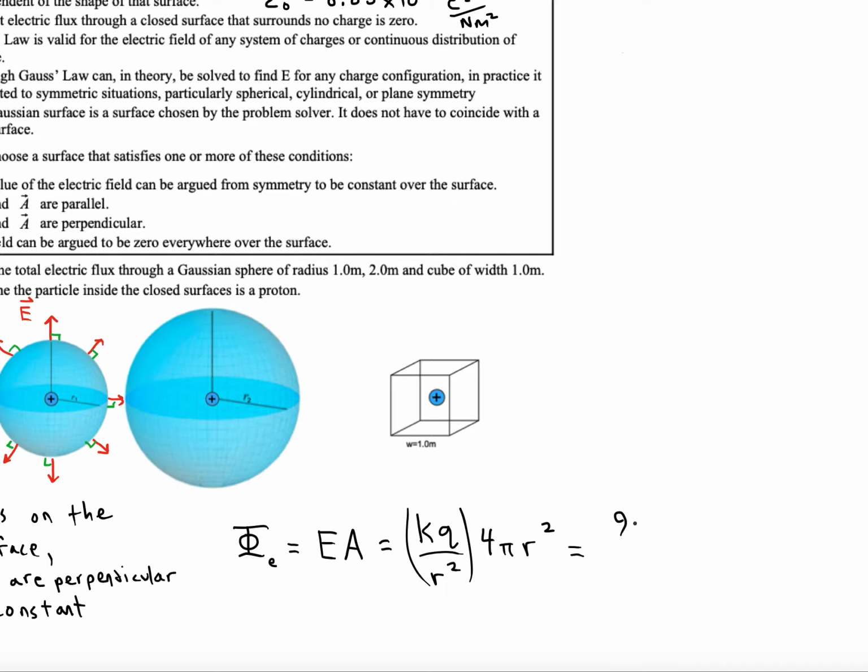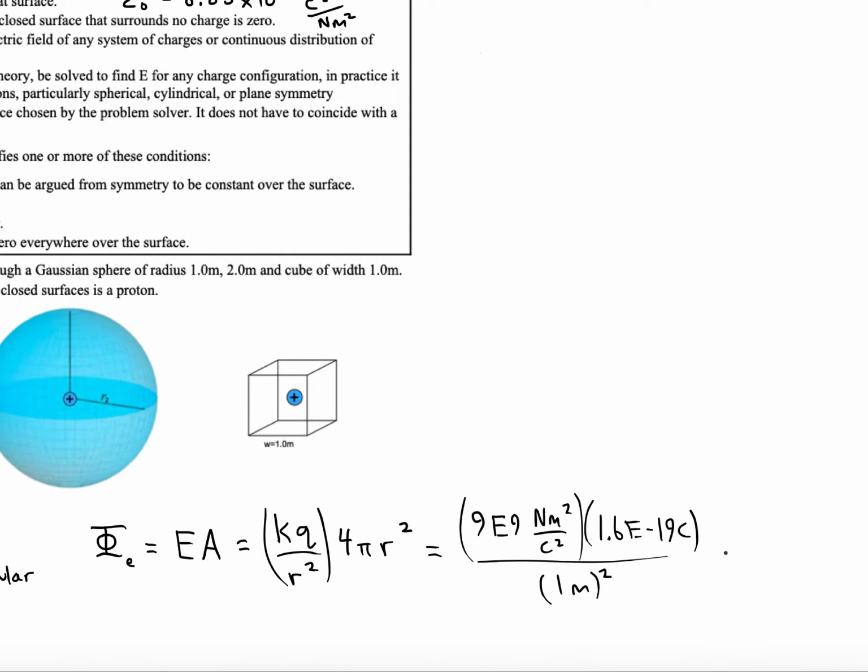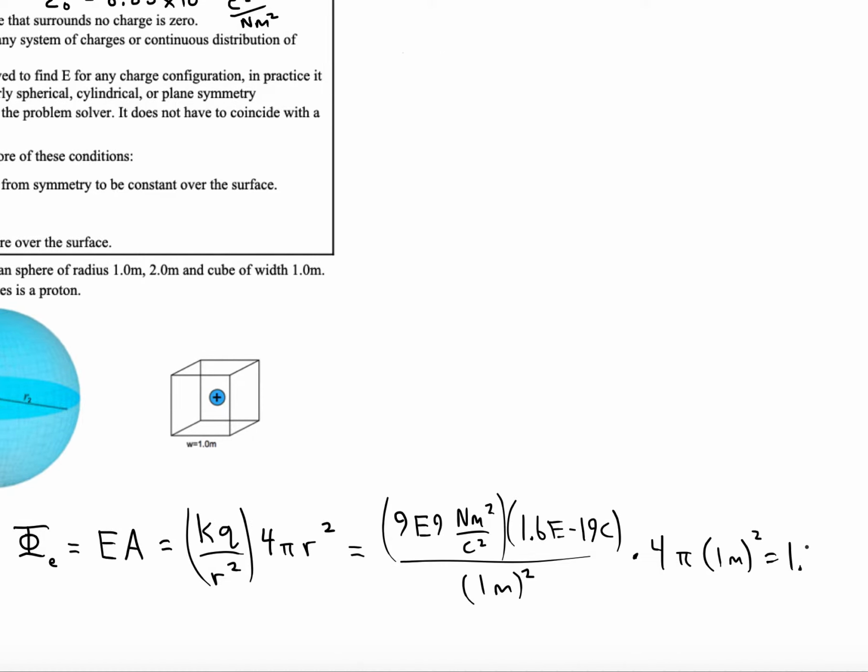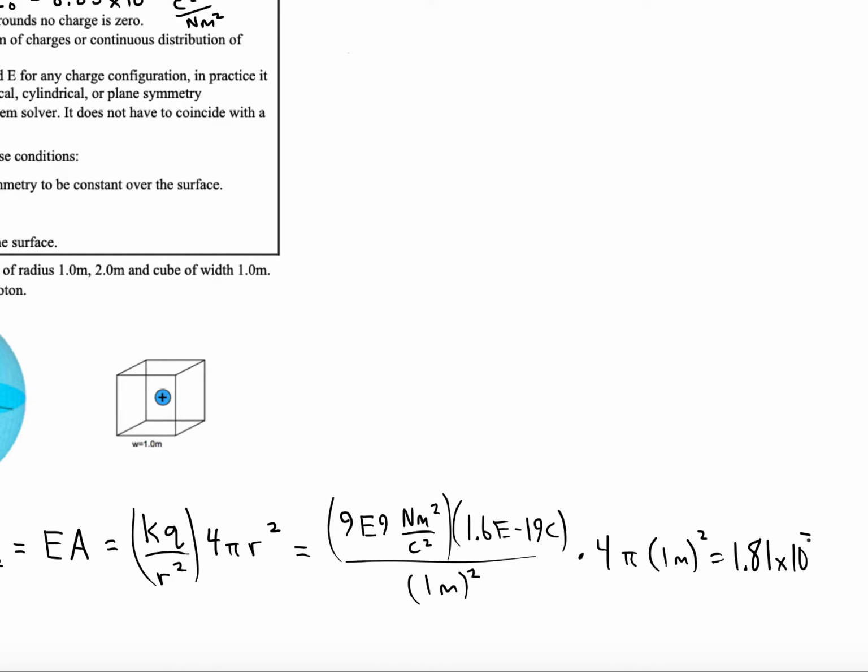So we'll plug in everything we have. I get 1.81 times 10 to the minus 8 Newton meters squared per coulomb for the electric flux.